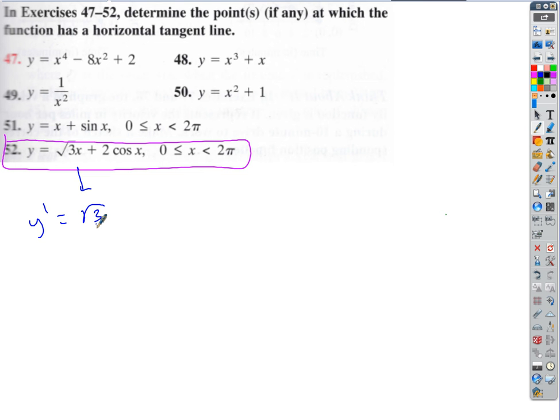Same thing here. We'll take the 2 out in front of the derivative. What's the derivative of cosine x? Negative sine x times 2 is minus 2 sine x. Okay? So horizontal tangents are going to occur, you told me, when y prime equals 0, right?